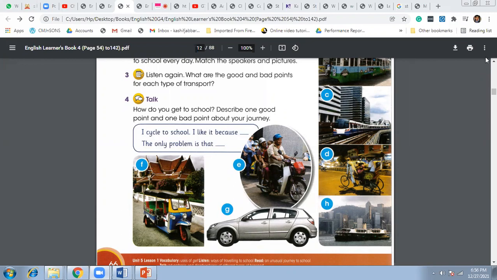H. Only H? Yes. No G? You didn't use a car? No, I go walking every time. Okay. And which one is your favorite method of transport? My favorite is G. Yes, teacher. Fine, that's good.